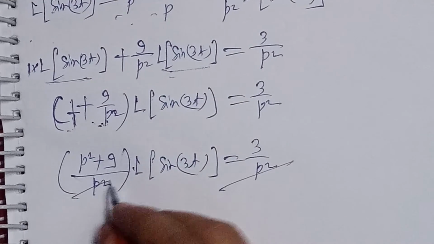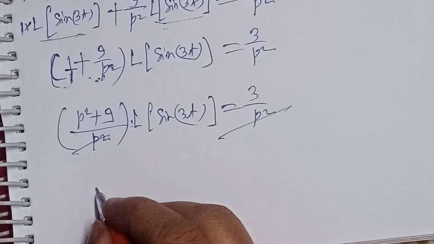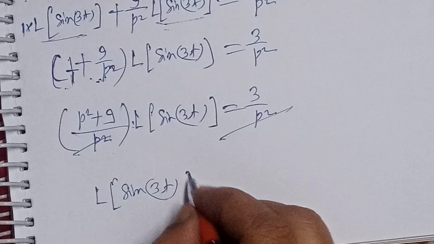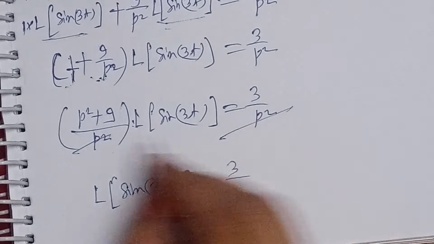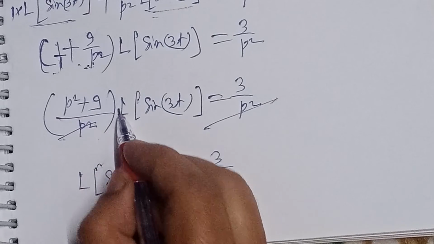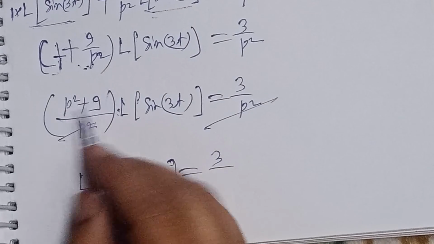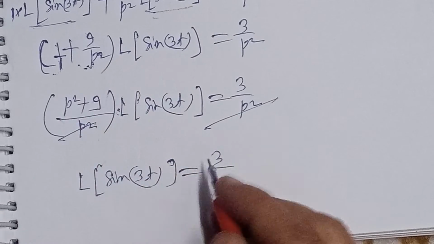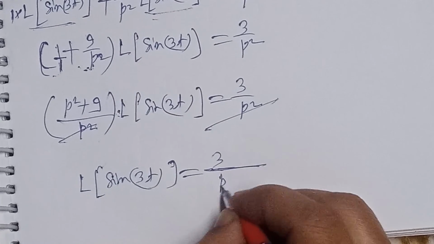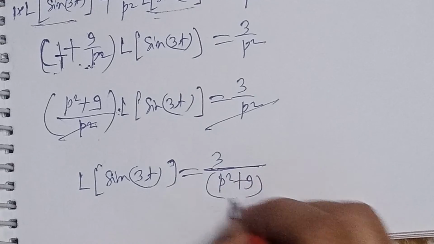The p square cancels out from both sides, and we get Laplace of sin 3t is equal to 3 divided by p square plus 9, because on the left hand side this is multiplied. On transposing this value, it goes into the denominator, p square plus 9. We had to find this value.